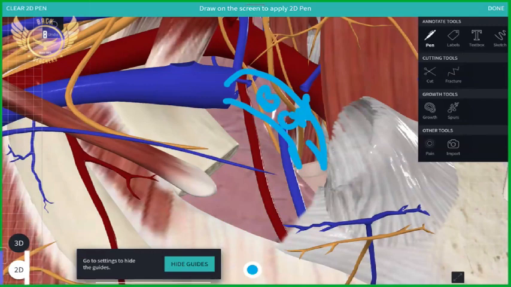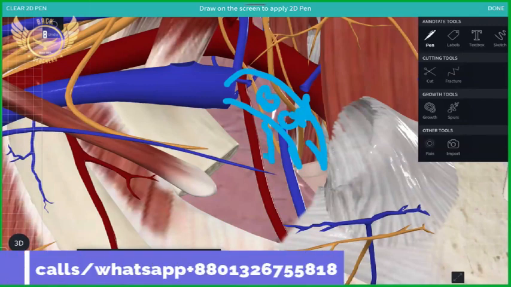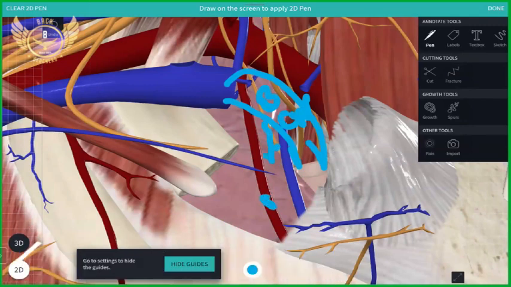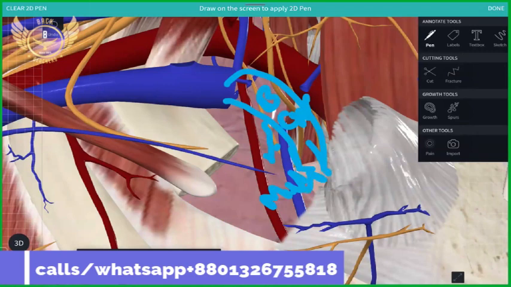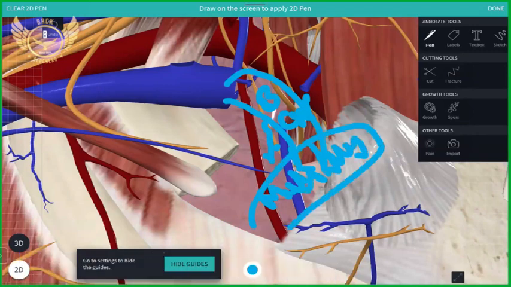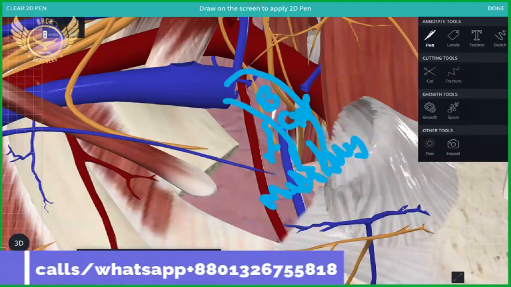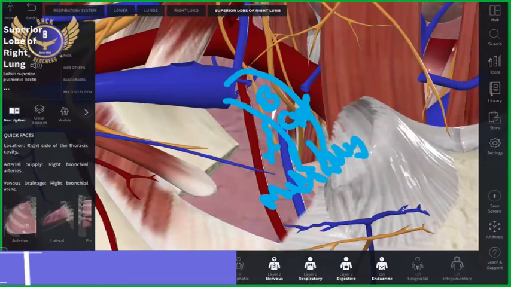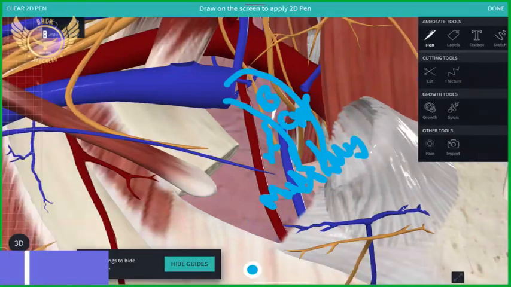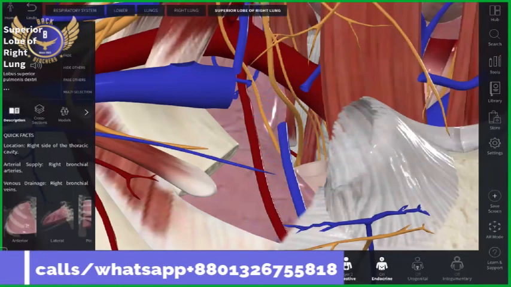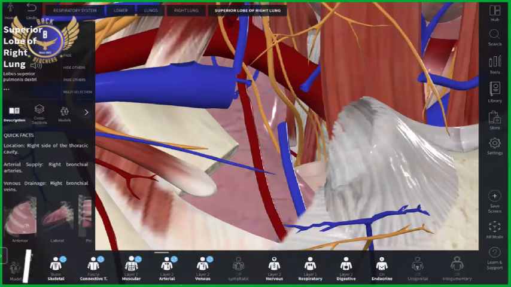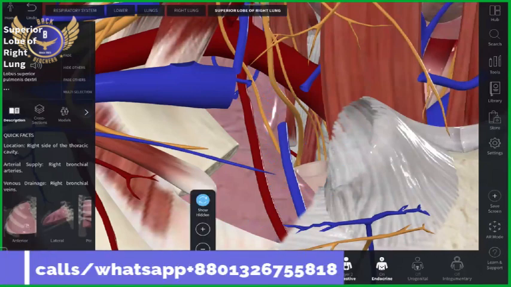Okay, so when the phrenic nerve enters the thorax, the brachiocephalic vein is immediately medial to the phrenic nerve. So this is a very important question. They will ask you this question in your exam.